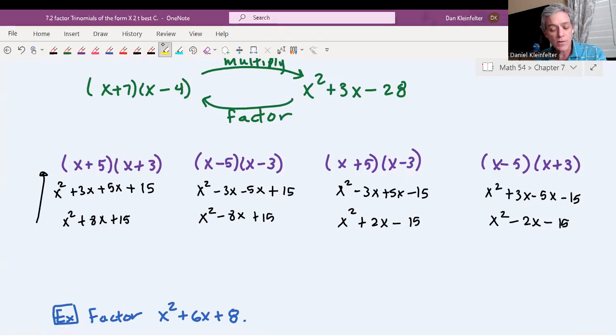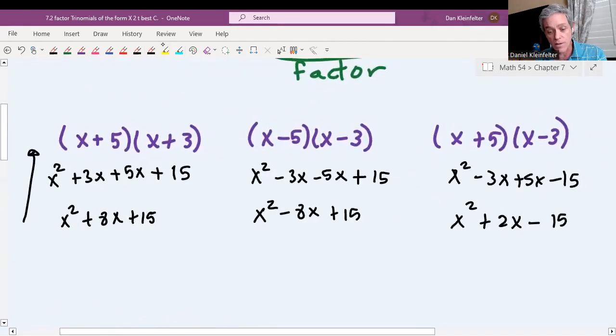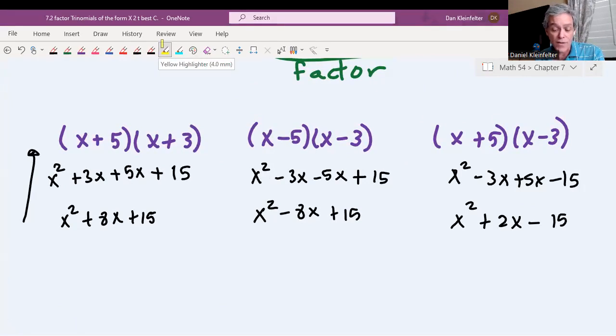When you multiply 2 negative numbers together, also you get a positive answer. So here we had positive 5 times positive 3, which is 15, or negative 5 times negative 3, also positive 15. So when those two signs were the same, either both positive or both negative, we had a positive 15.